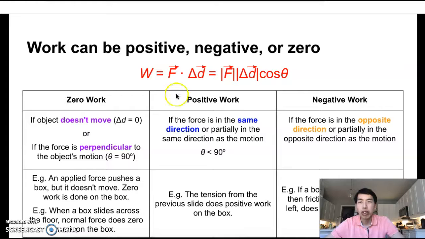When will the answer for work be positive? The answer for work is going to be positive when the force is in the same direction or partially in the same direction as the motion. So if I apply a force that way to an object, and the object actually moves that way, then my applied force will do positive work on the object.